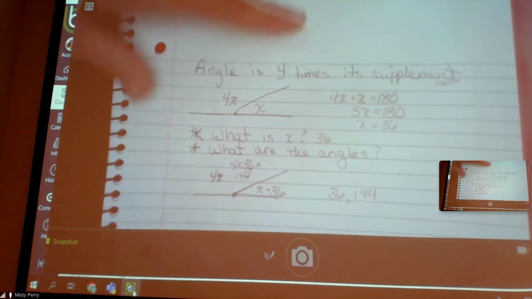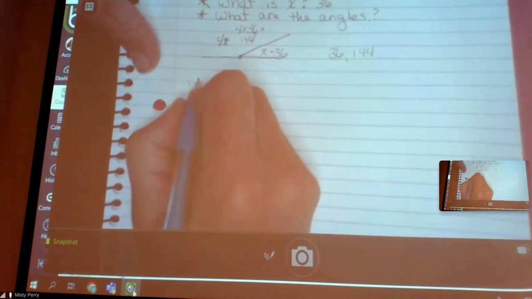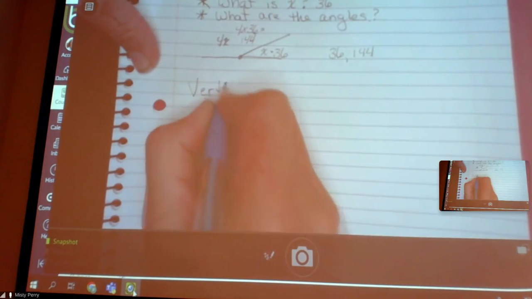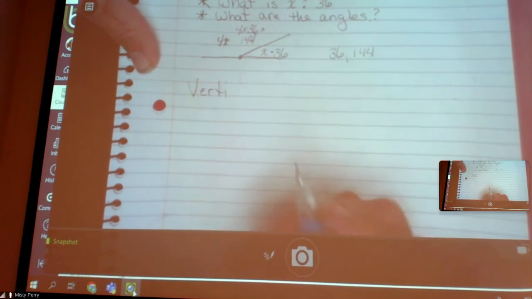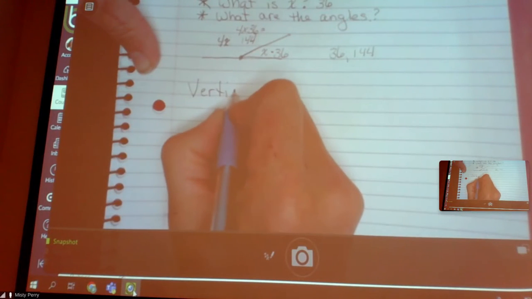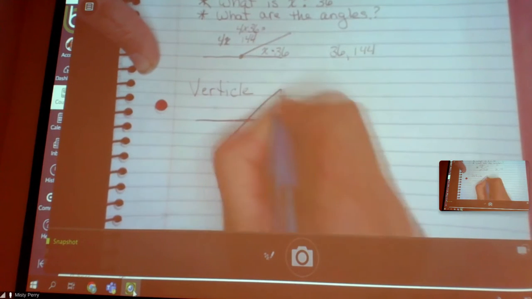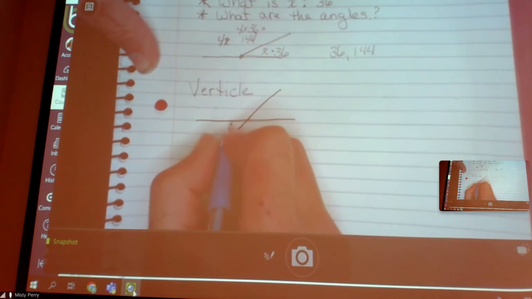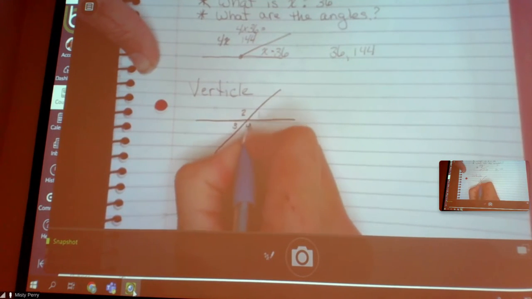Okay, let's do some verticals. How do you spell vertical? I don't know. Now, anyway, I have a situation looking like this. And I have a 1, 2, 3, 4.